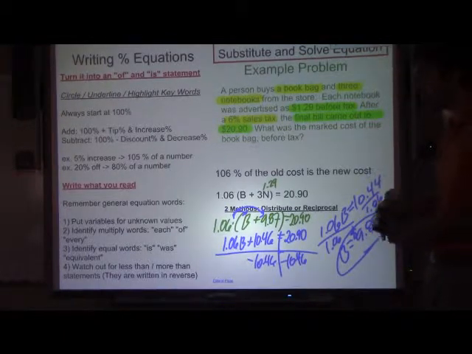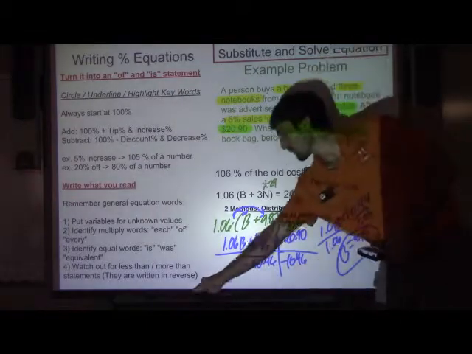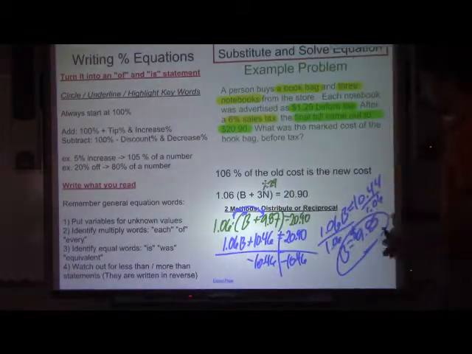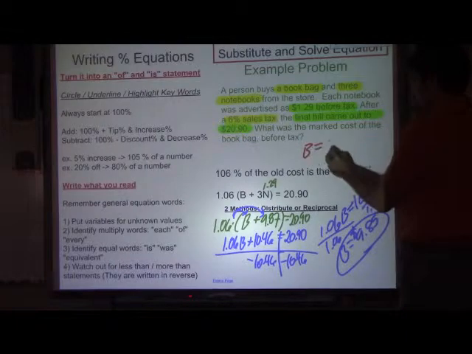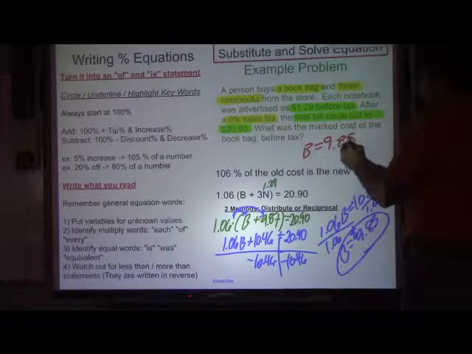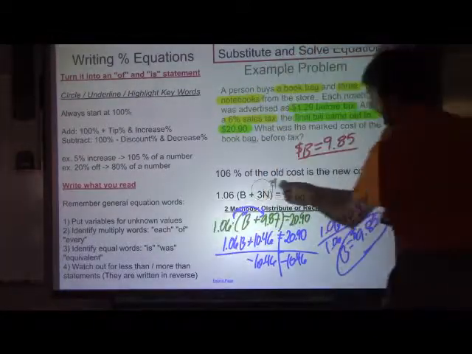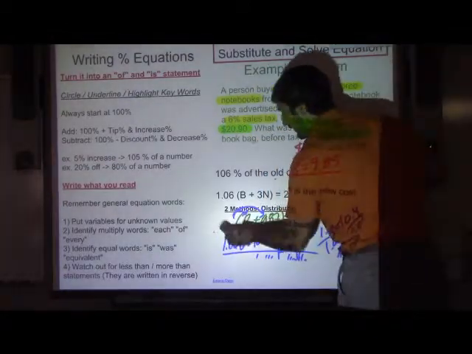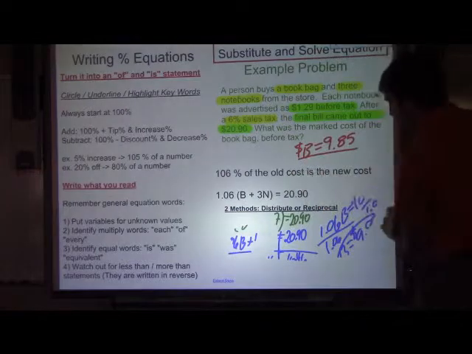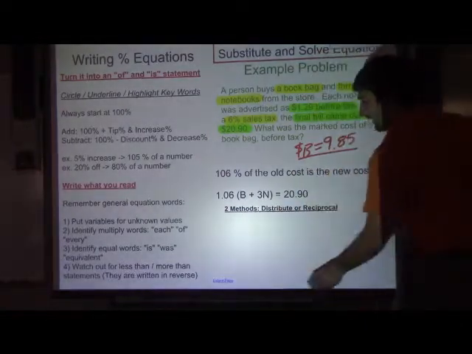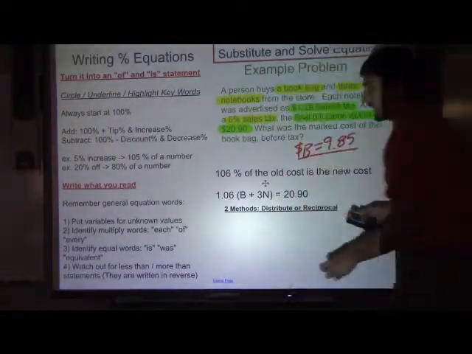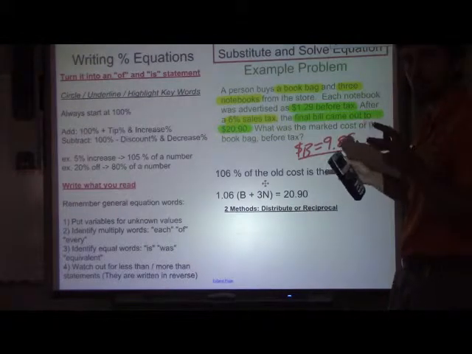Now that's the longer way to solve it. I'm going to show you a quicker way. So again, I'll write that number down so we don't forget: the price of the book bag was $9.85. The quicker way is if you have a good feel for literal equations.